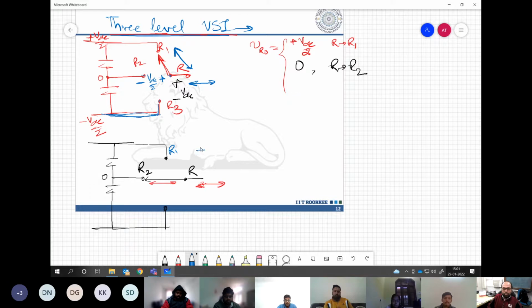R1 is positive, R is negative, and the value is VDC by 2. Correct. About RR3, which one is positive? R is positive and R3 is negative. Value? VDC by 2. Good. Now the third option.